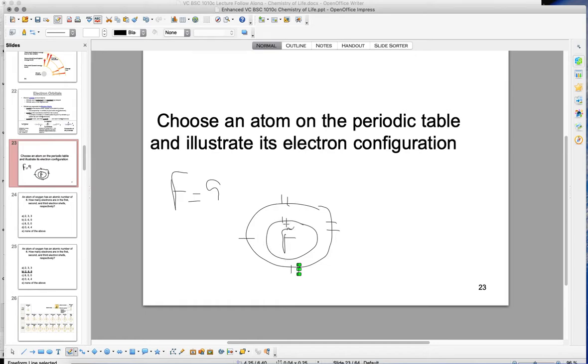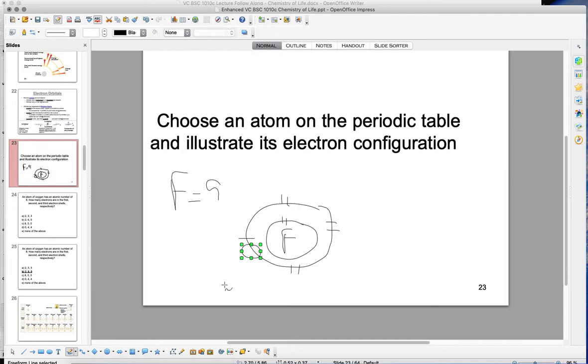So we've got 1, 2, 3, 4, 5, 6, 7, 8, 9, and then we've got 1 extra that we're missing right over there. At first I just drew 2, 2, 2, and then I put the 1 over here, which is correct, but I want you guys to get into the habit of filling up the orbitals 1 at a time, because that's how it happens. It'll go 1, 2, 3, 4, and then go back around. That's to maximize the space around all the orbitals, so they all at least get 1 if possible, and then they backtrack and fill up the next ones.